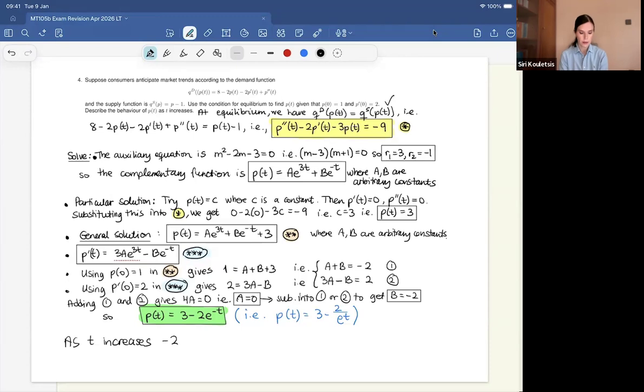So as t increases, minus 2 e to the minus t increases to 0, which means that P of t increases to 3 as t increases.